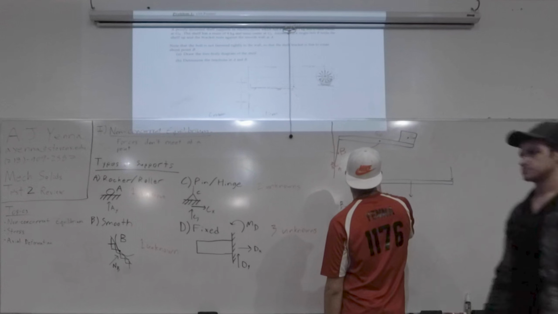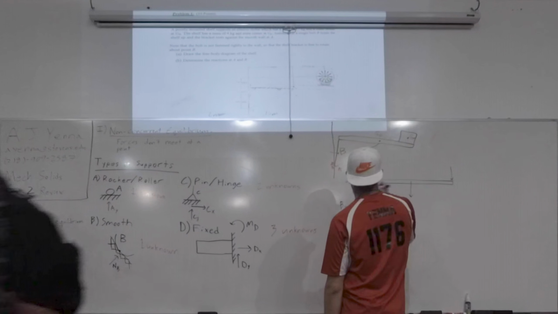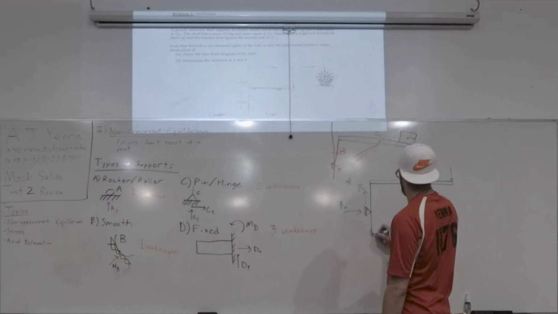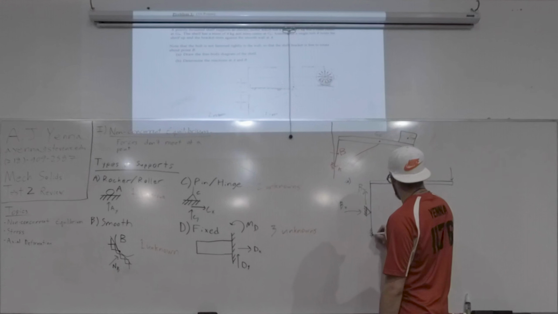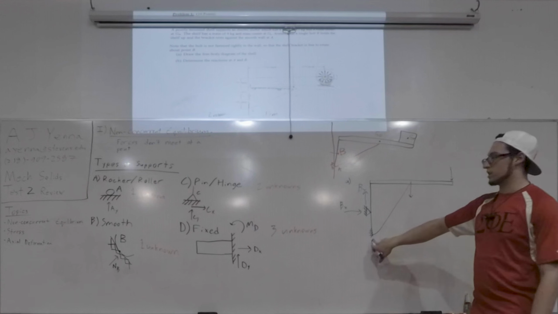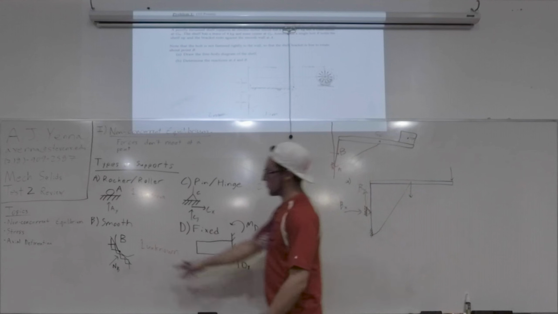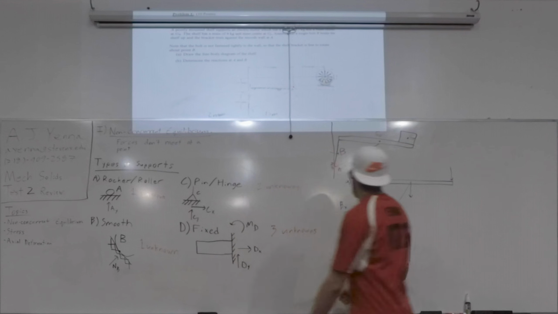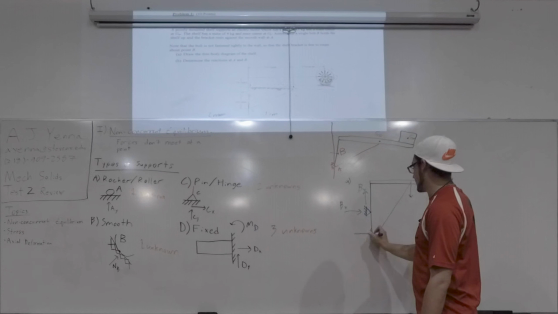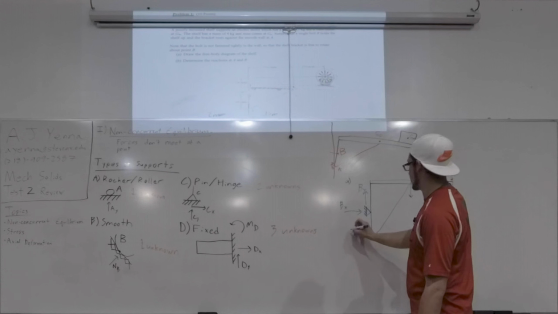B of x and B of y. And now at the smooth connection, you're going to get a force perpendicular to where the bracket is touching the wall, which in this case, since we're treating it as if it was upright, is going to be a horizontal force this way at A.